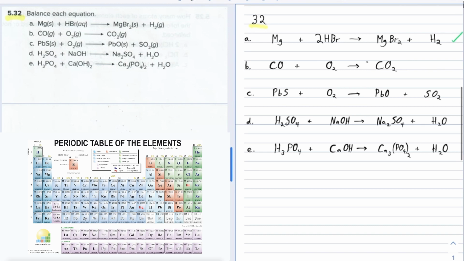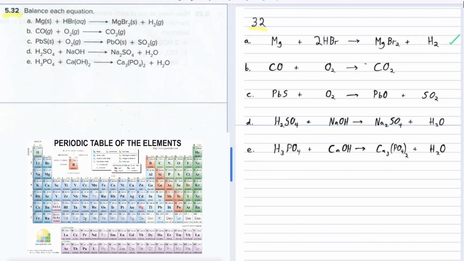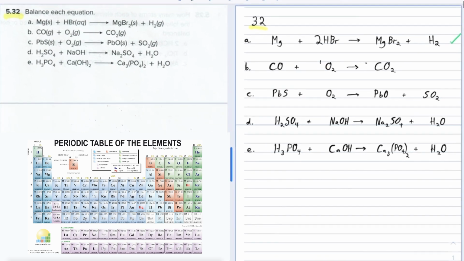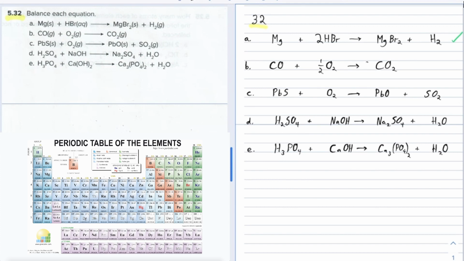I'm sorry, let's actually do a different approach. So oxygen is by itself. Let me put a 1/2 here. Okay, now we have fixed it. We have 1, and then 1/2 times 2 is 1. So 1 plus 1 is 2 oxygens on the left.